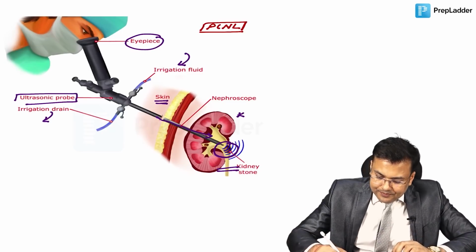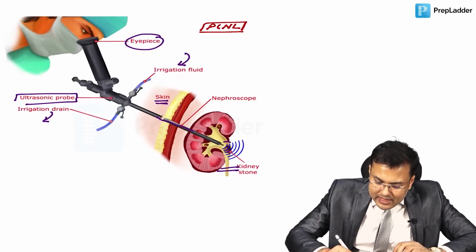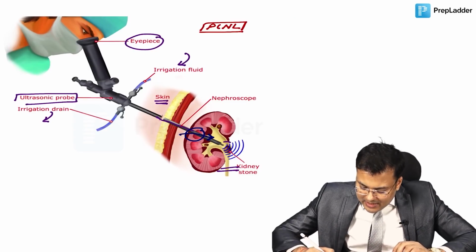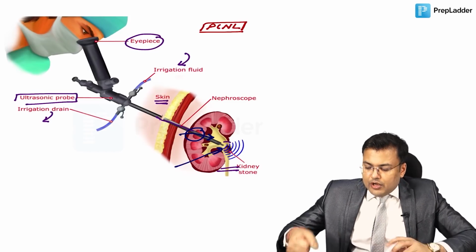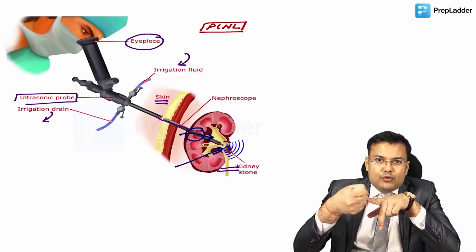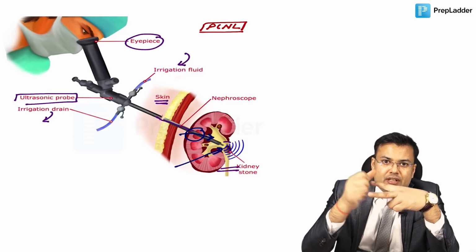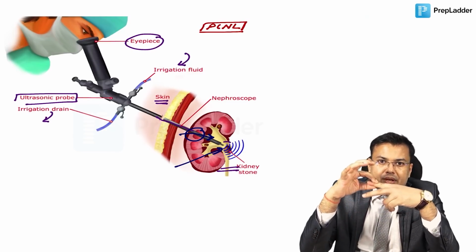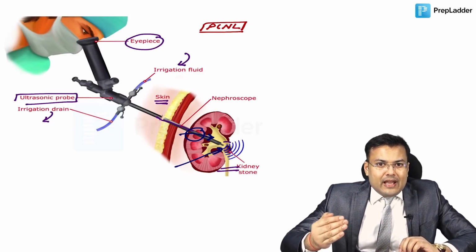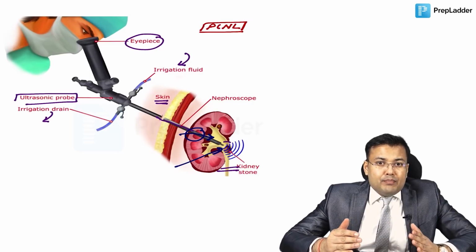Here you can see in this diagram that via calyx I entered the kidney, and sometimes via pelvis also you can enter the kidney. So if you are going for posterior pelvic approach, what's the problem? You are going to injure this artery. Which branch? Posterior branch of renal artery. So we have two approaches: posterior calycial approach, posterior pelvic approach.